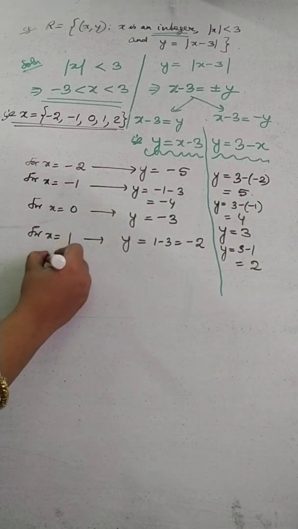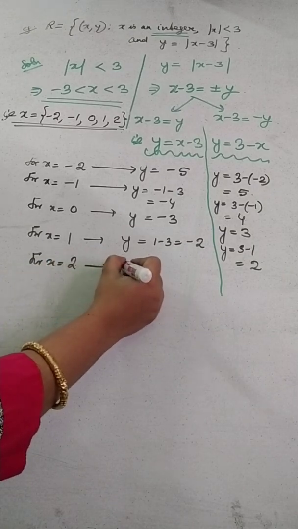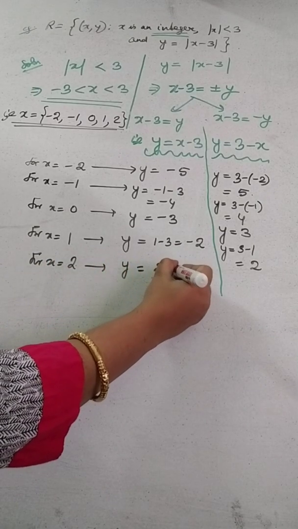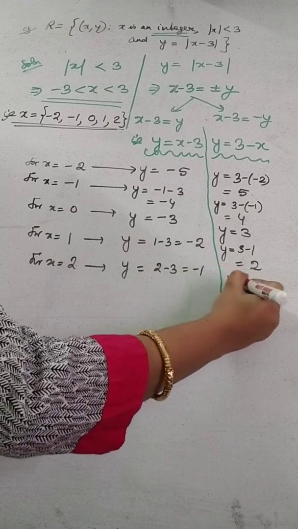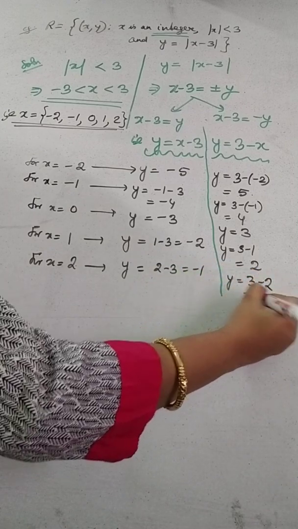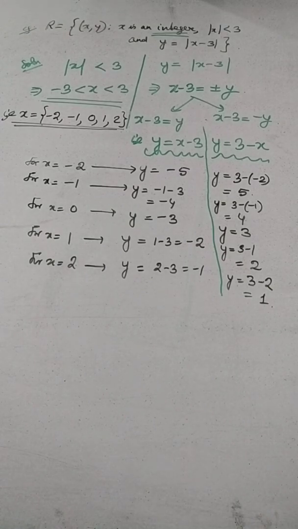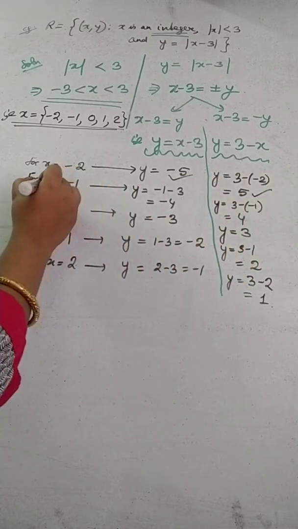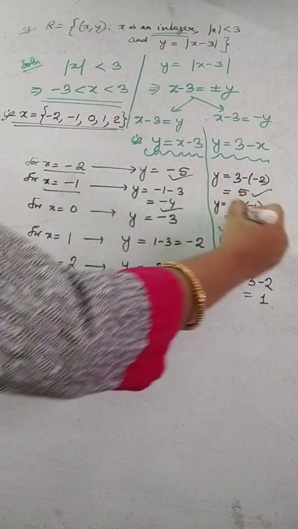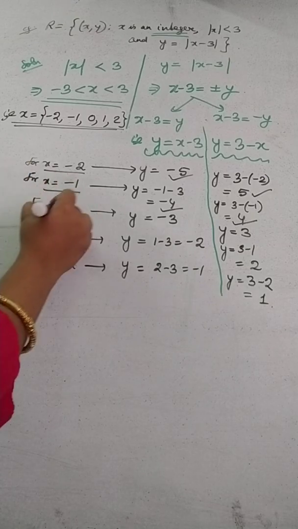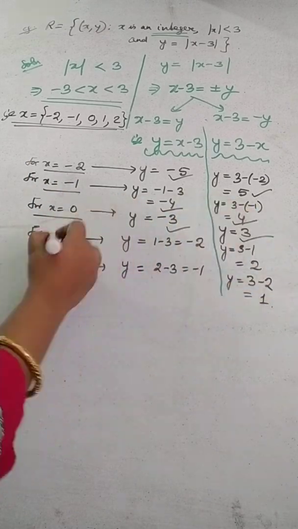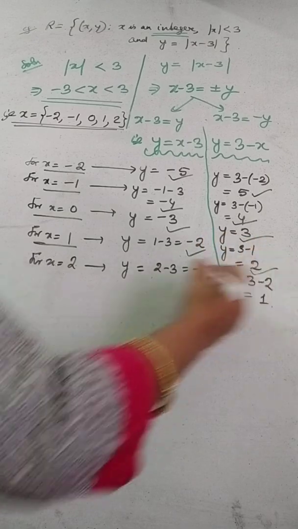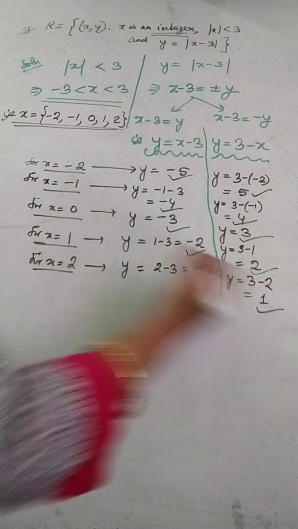For x is equal to 2, you can do this mentally also, it's not necessary to write it. This is 2 minus 3, that is minus 1, and y is equal to 3 minus 2, that is 1. So what have we obtained? For x is equal to minus 2, we have obtained minus 5 and 5. For x is equal to minus 1, y values minus 4 and 4. For x is equal to 0, minus 3 and 3. For x is equal to 1, minus 2 and 2. For x is equal to 2, minus 1 and 1.